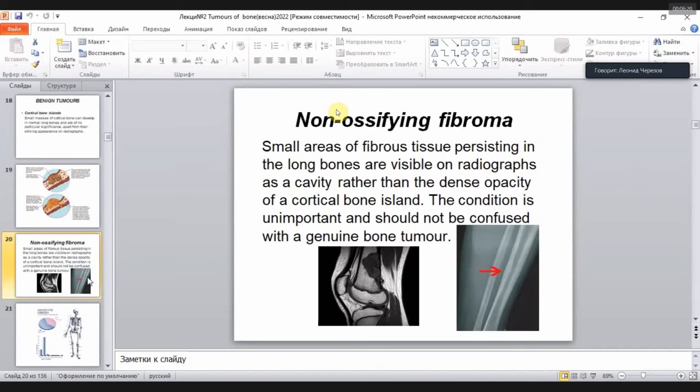The condition is important and should not be confused with a genuine tumor.